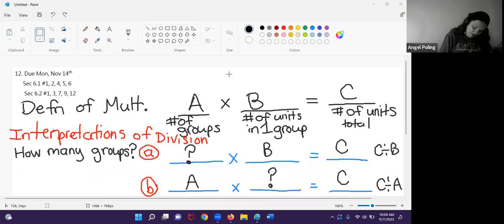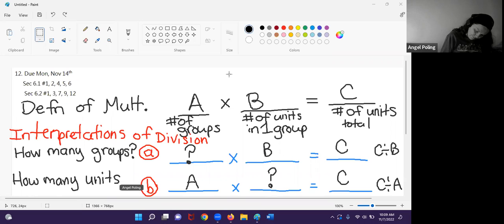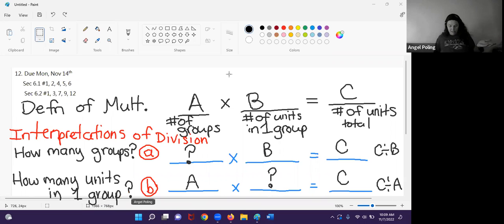So we have the how many units in one group perspective, interpretation. So I'll call it style of division, perspective, here interpretations, right? That's what your book is calling it.